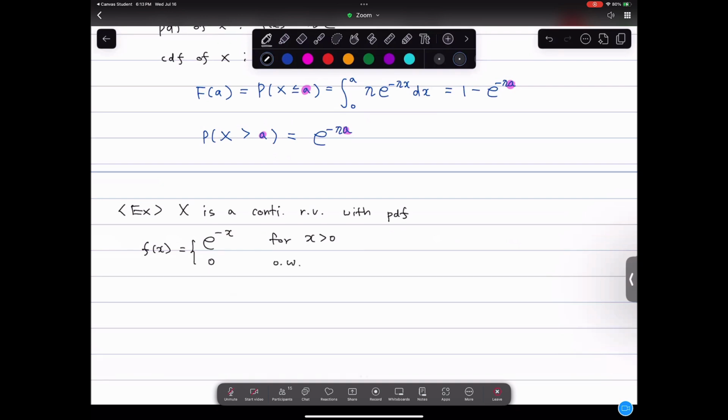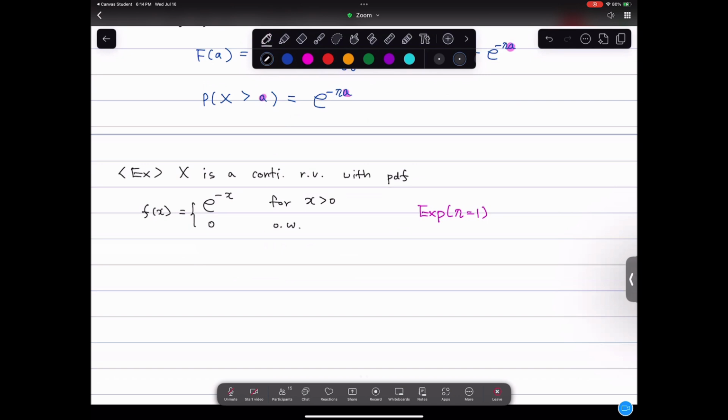You should realize, isn't that this exponential function? That is f(x) being lambda of 1 times e to the power of negative 1 times x. So this is, in fact, the PDF of an exponential distribution with lambda equals 1. So I have an exponential distribution. I'd like to know, let Y be 1 over X, and I want the PDF of Y.